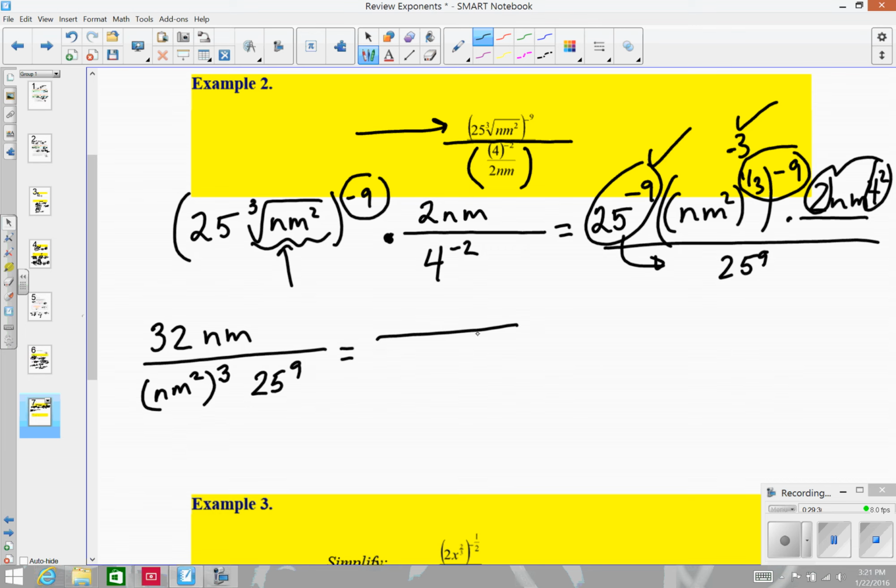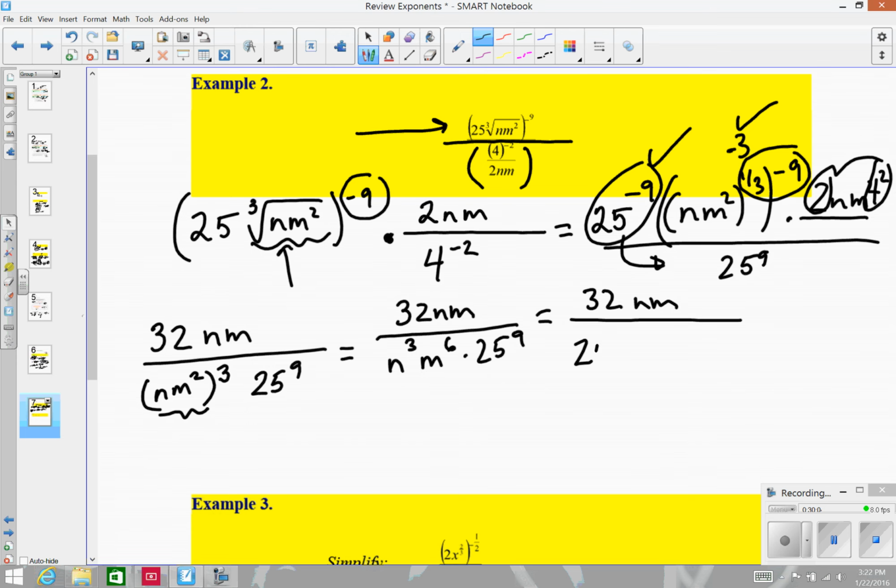Alright, let's see where this takes us. I'm going to bring this over and take everything in this set of parentheses to the third power. That 25 to the ninth is going to be a huge number, so I'm going to just keep it written as 25 to the ninth power. I've got 32 and m.